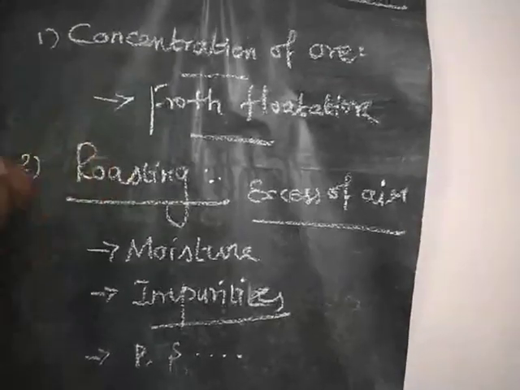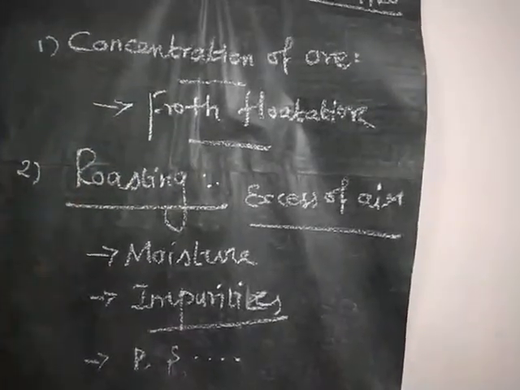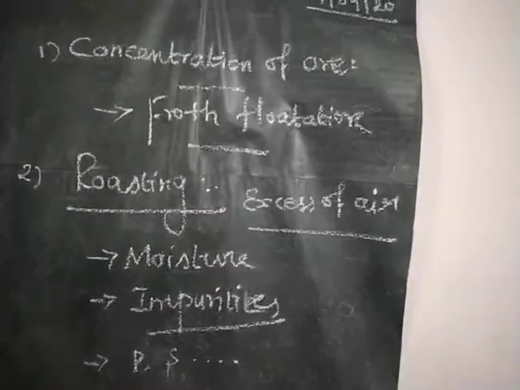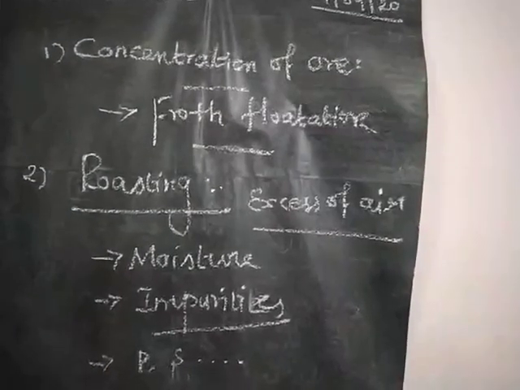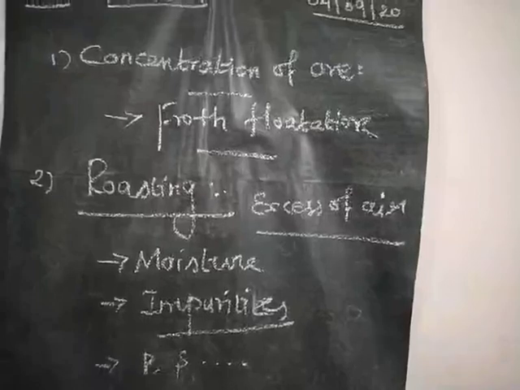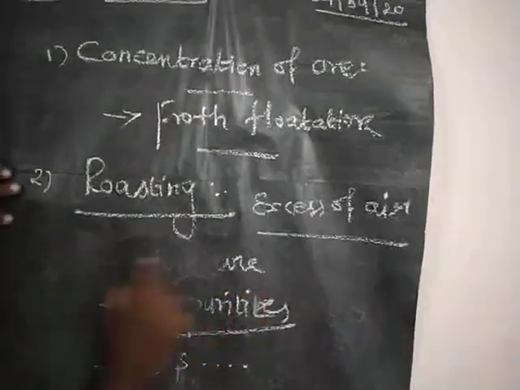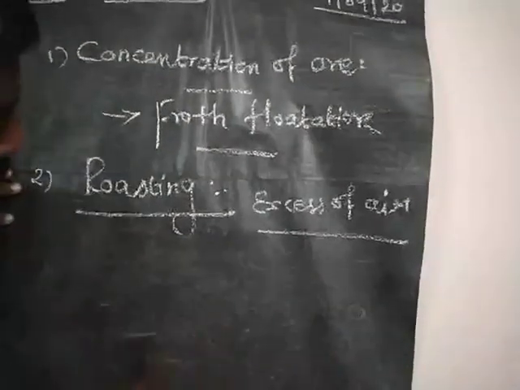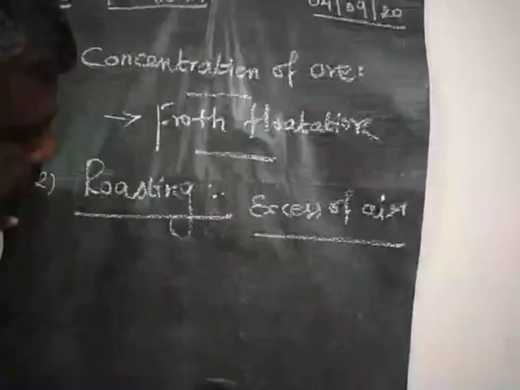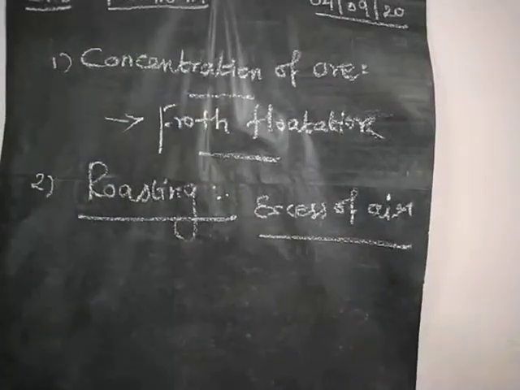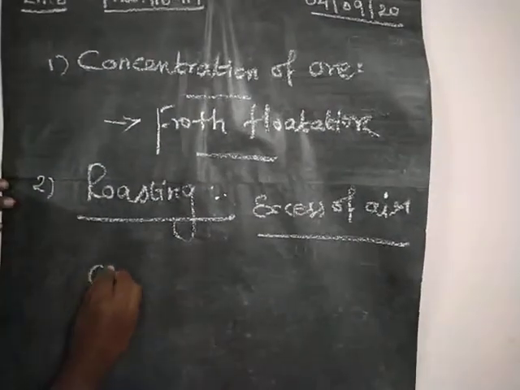The ore, copper pyrites, is partially converted into sulfides of copper and iron.